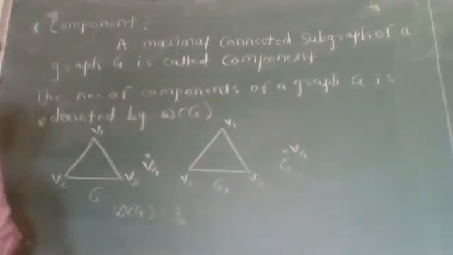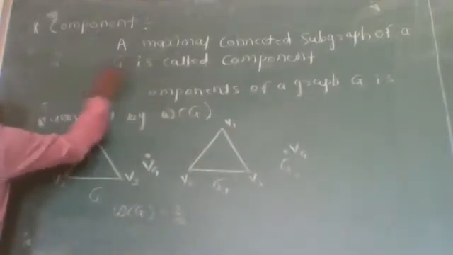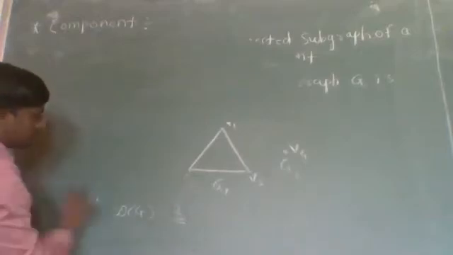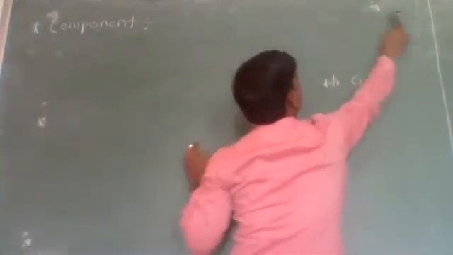The other definition of a component of a graph G is as follows.